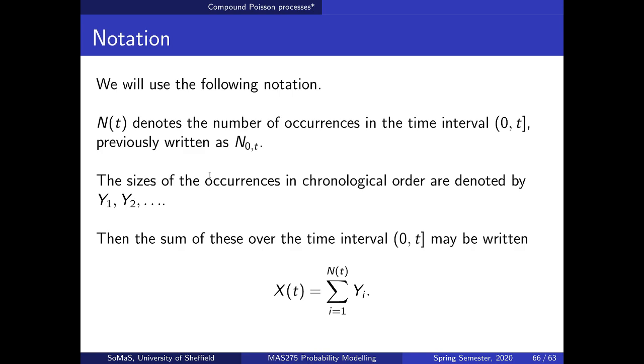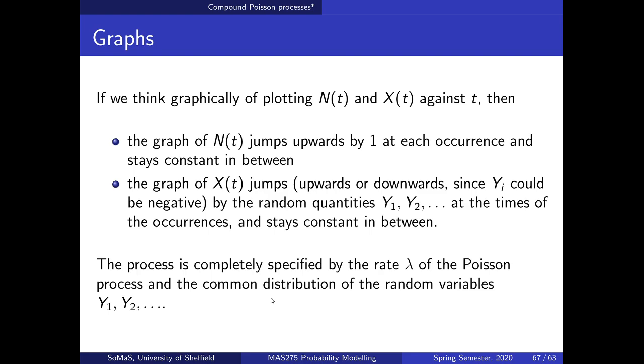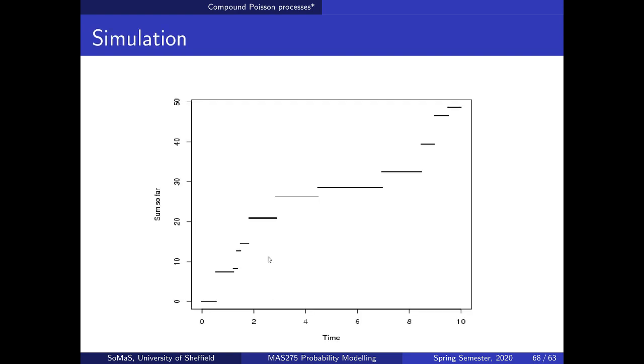And I define this new interesting random variable, X of t, as the sum of the Yi's for i smaller than N of t. This is what you call the compound Poisson process. The best way is to think of it graphically. So let's first look at the graph here.